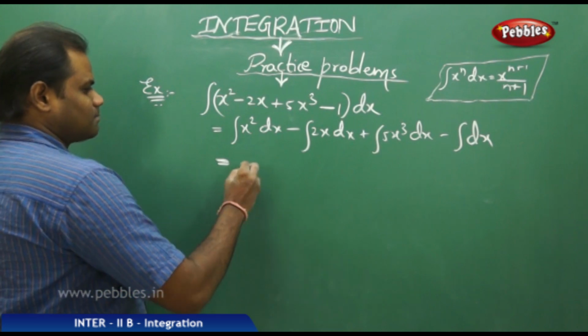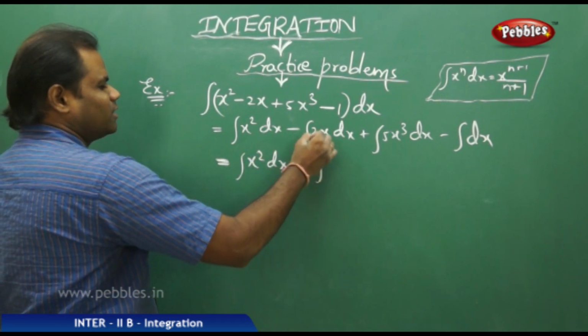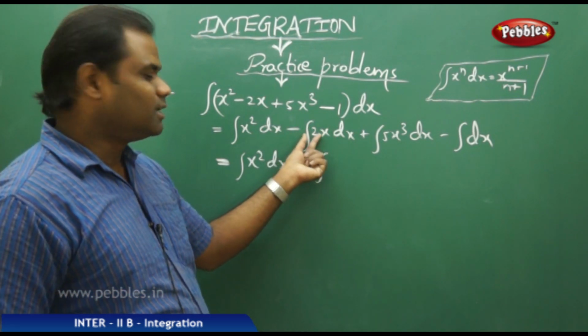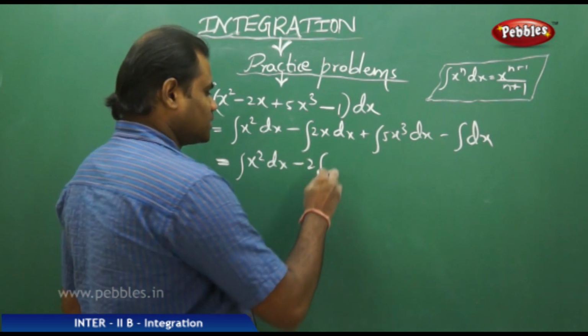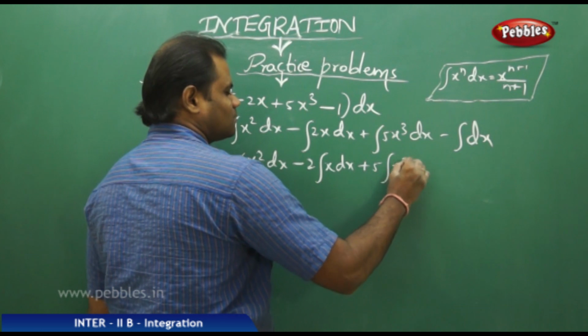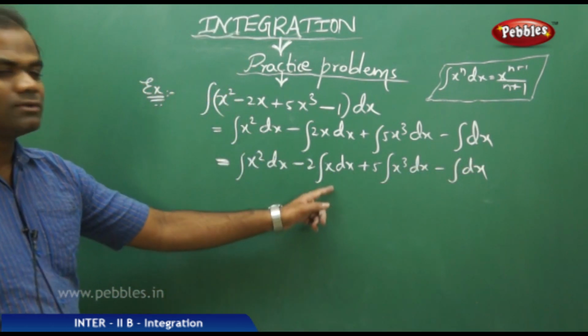Using this, initially I split all the constants out because constants are independent of integration in multiplication, so they can be taken out. So this is what we get.